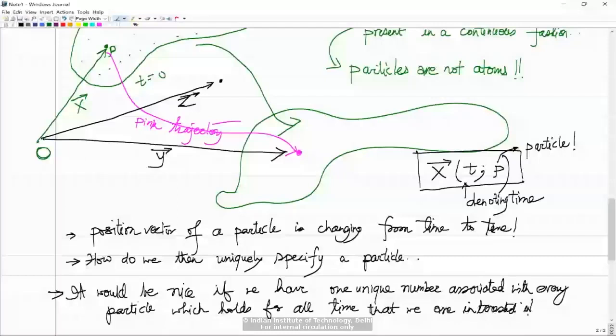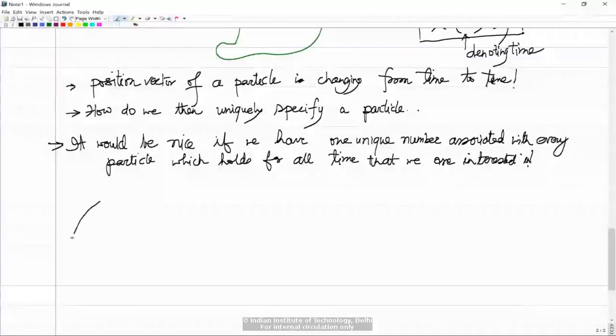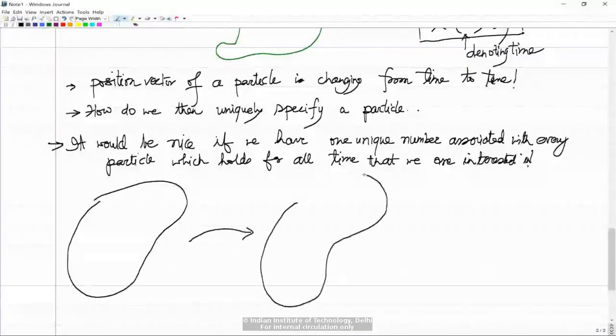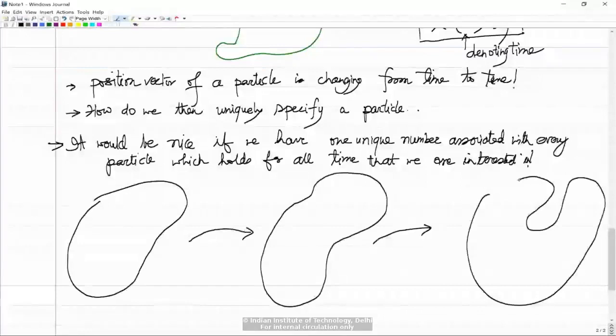Okay, so what's the remedy then? Well, somebody has already written that we do it by taking a reference configuration. So you have the body which is flowing in time or evolving in time. So this is t equal to, let us say, 0, t equal to t1, this is t equal to t2.